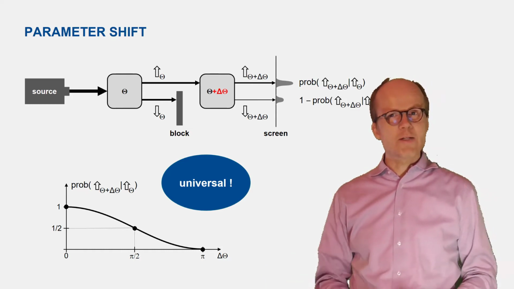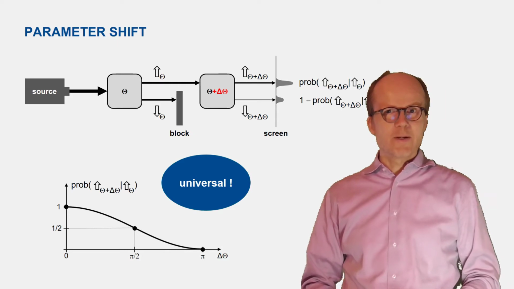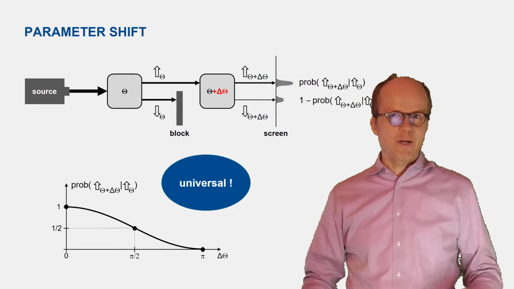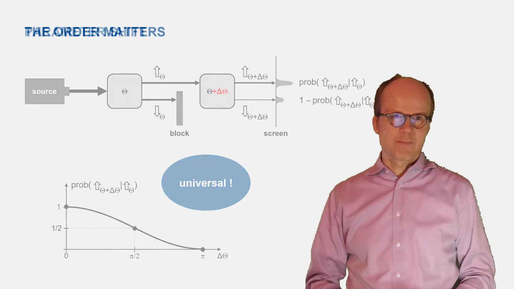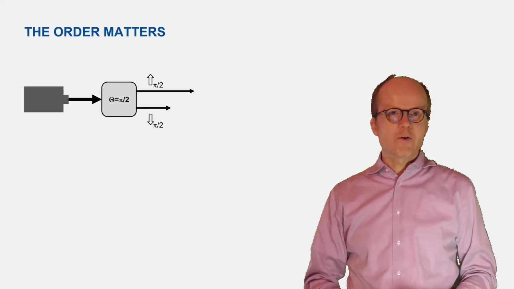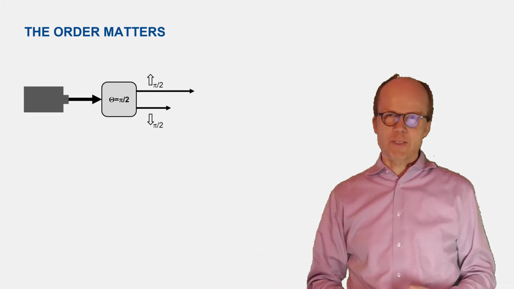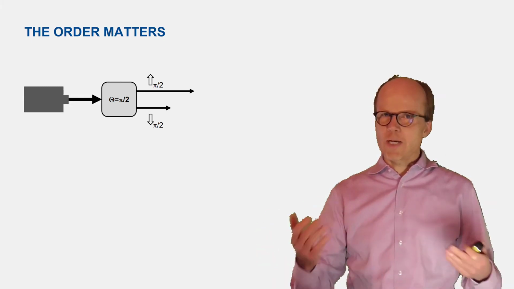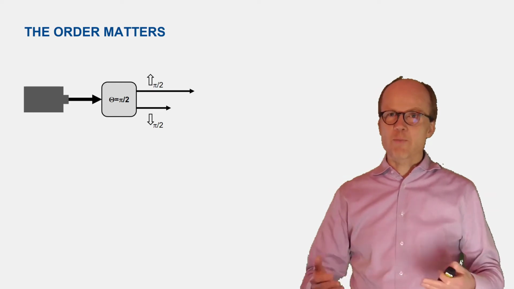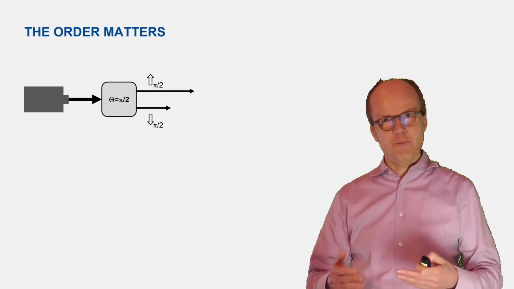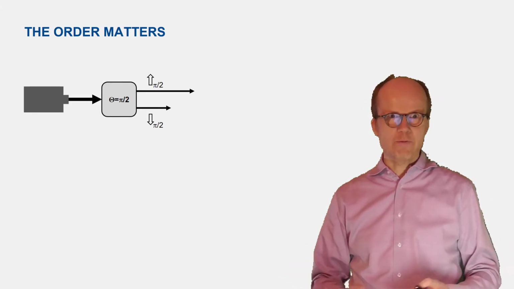Now, in the context of binary measurements, you find a number of peculiar features. First of all, consider this sequence of binary measurements. You have a source, and let's start with a measurement with parameter setting pi over 2. It splits the beam in two halves.